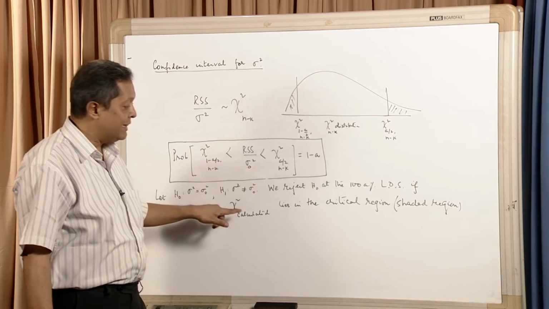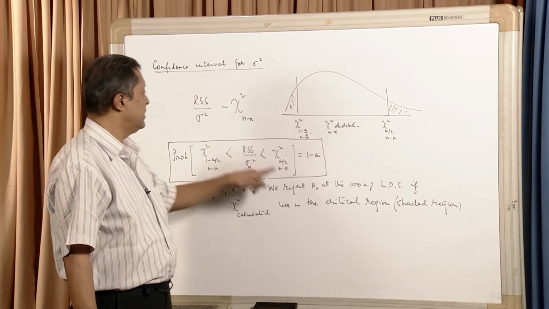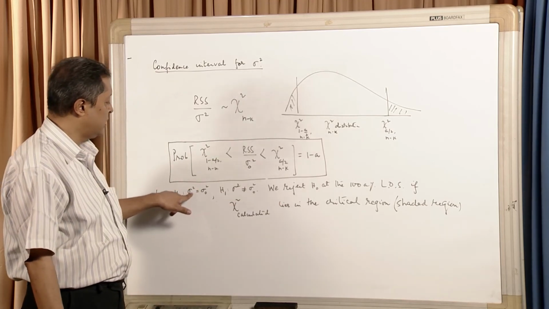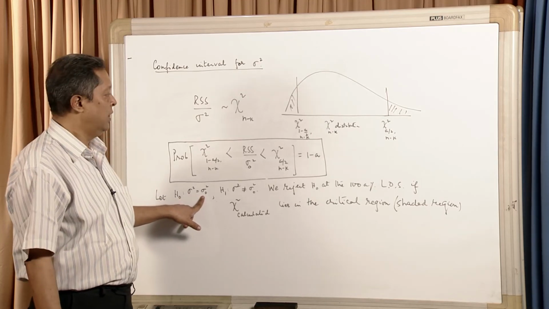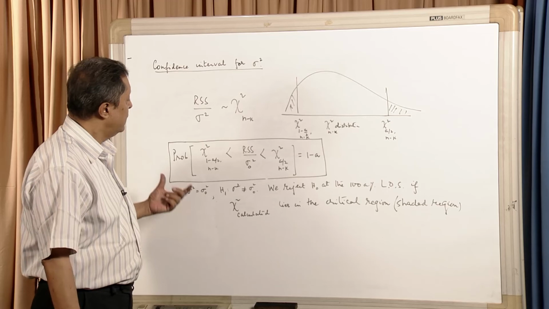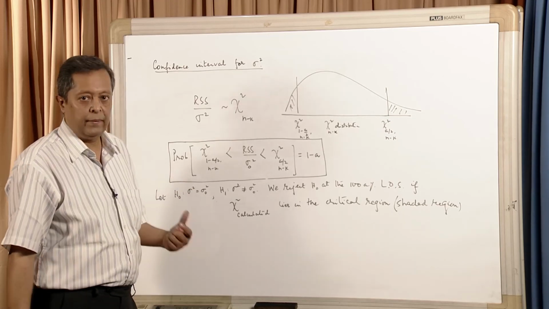Then we will reject the null hypothesis, that is we will reject sigma square equal to sigma square naught, otherwise we will accept it. So, this is another example of a two-tailed test which is not used very frequently.